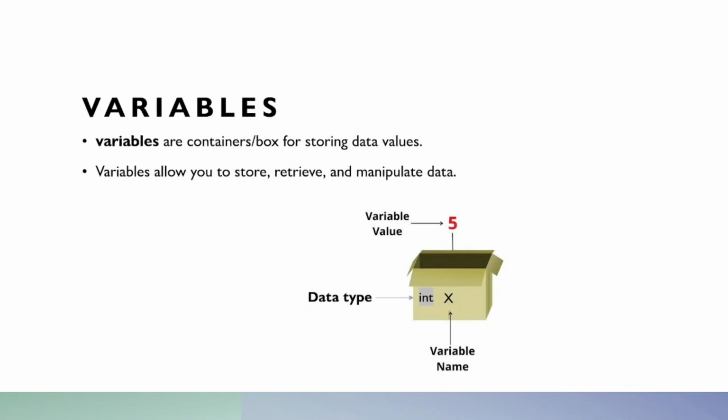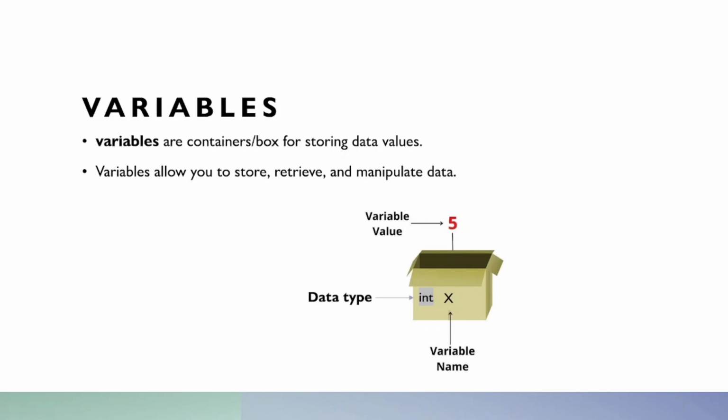Now, the next thing that we will discuss is variable. So what is a variable? A variable is a kind of box or container which stores any data or values inside it. Inside any box that you see around you, you can store any kind of data. You can retrieve that thing, whatever you kept in that box.